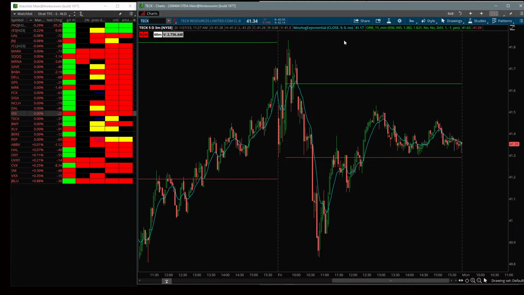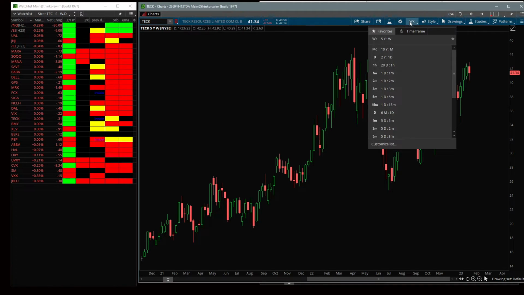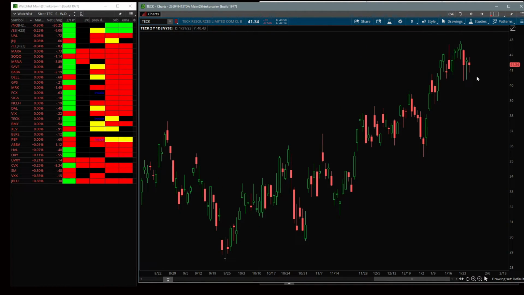Also an inside day previously, so we can see what that looks like. Tech previous day. This is a big candle previously and another big candle. And it looks like it just barely poked above, so it's not going to be 2 inside days in a row. But 2 inside days in a row is considered even more of a consolidation and even more of a potential for a bigger move.